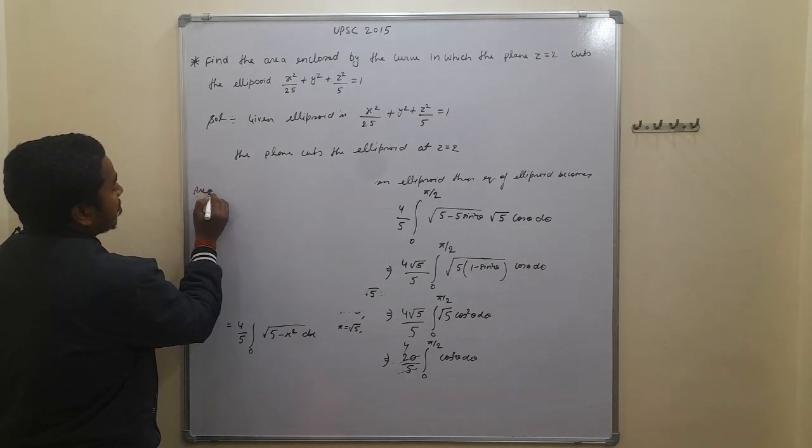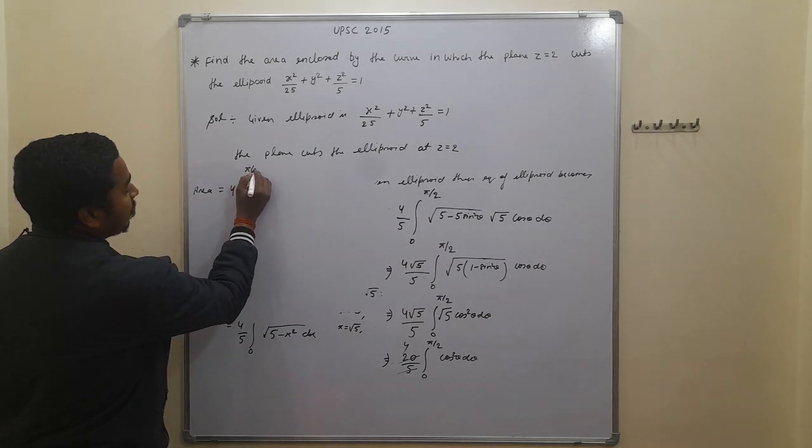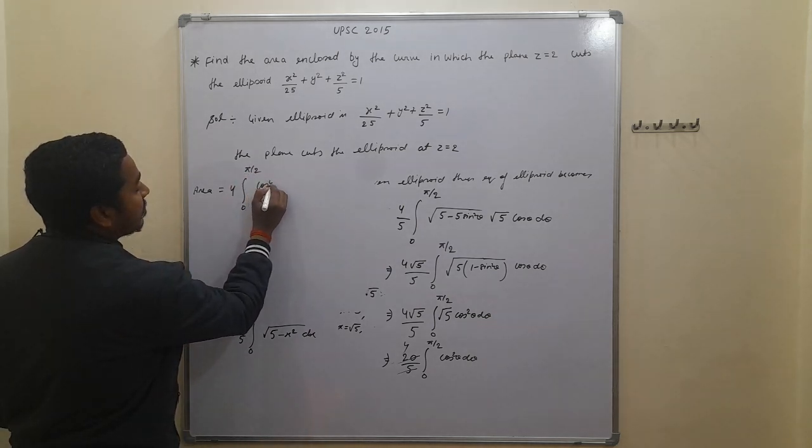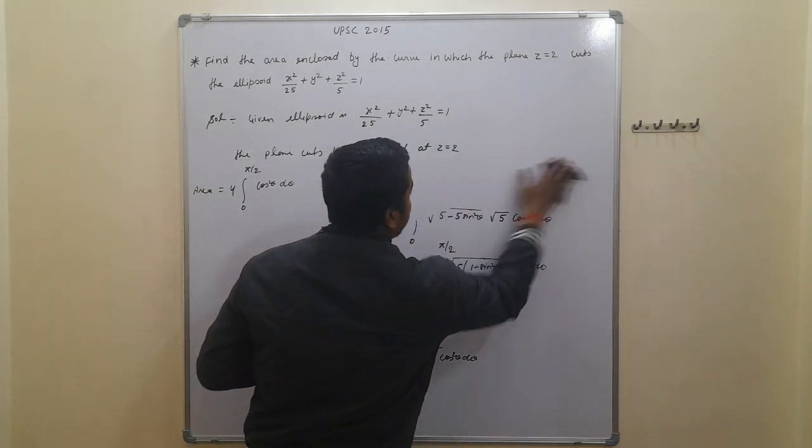This area is equal to 4 times the integral from 0 to pi by 2 of cos square theta d theta, and we use the beta gamma function formula.